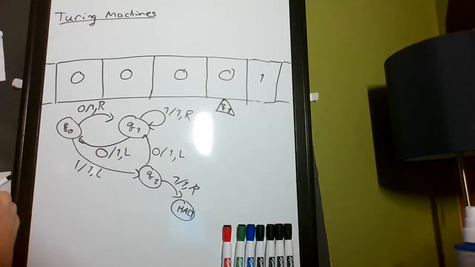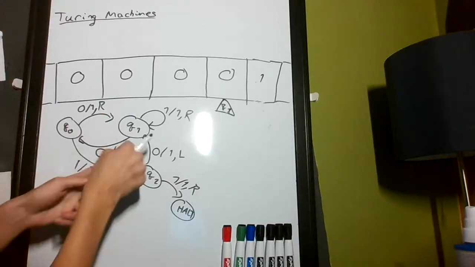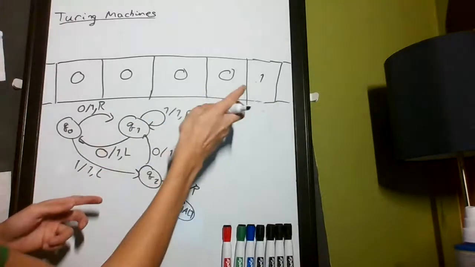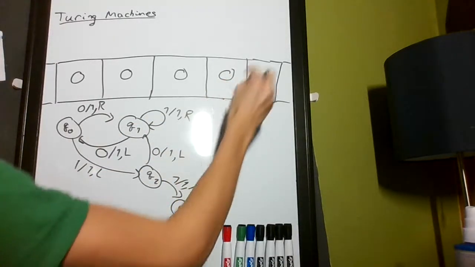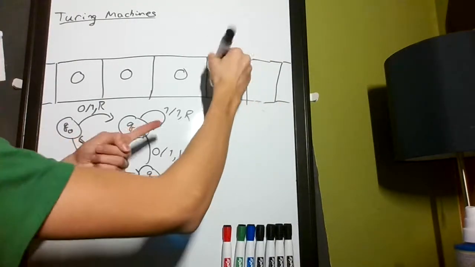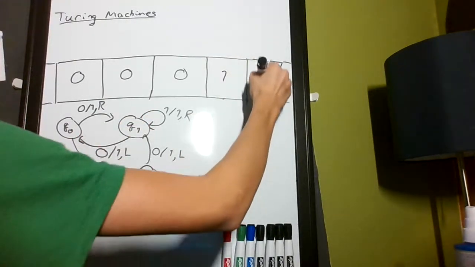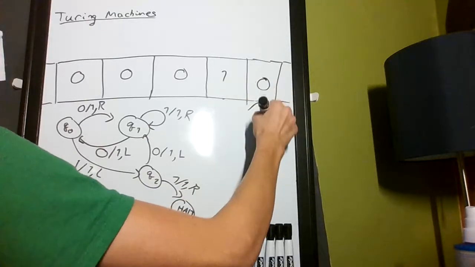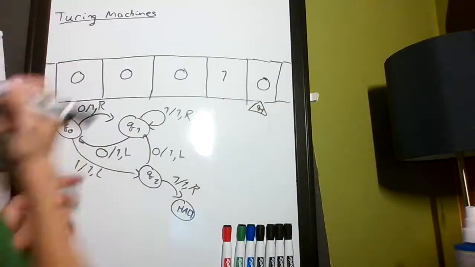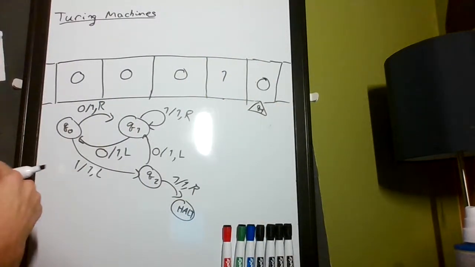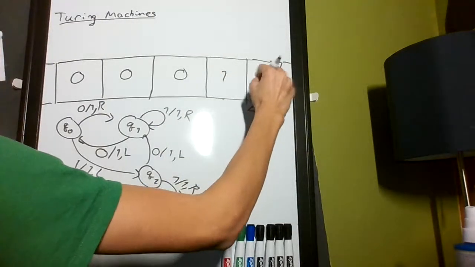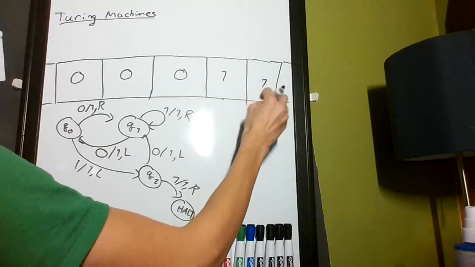Now I'm at Q1 and I'm reading a 0. So what I'm going to do is I'm going to move it. Oh, I moved it in the wrong direction there. So I'm going to actually start it there. Now I'm here. I have Q1, and I'm reading a 0. So I'm going to write a 1 and move it to the left.